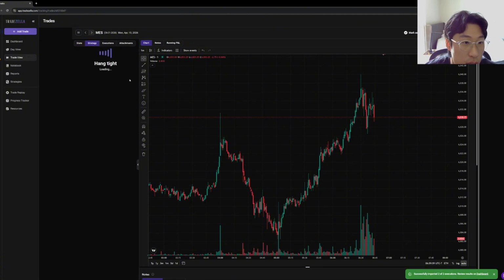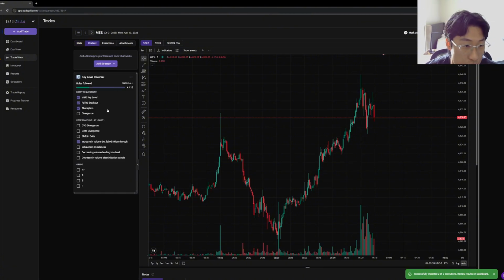And then just going into my strategy section here, I was checking all my requirements, and I realized that my divergence slash shift in delta section was not able to be checked, meaning that I didn't even really have all my requirements to enter this trade.